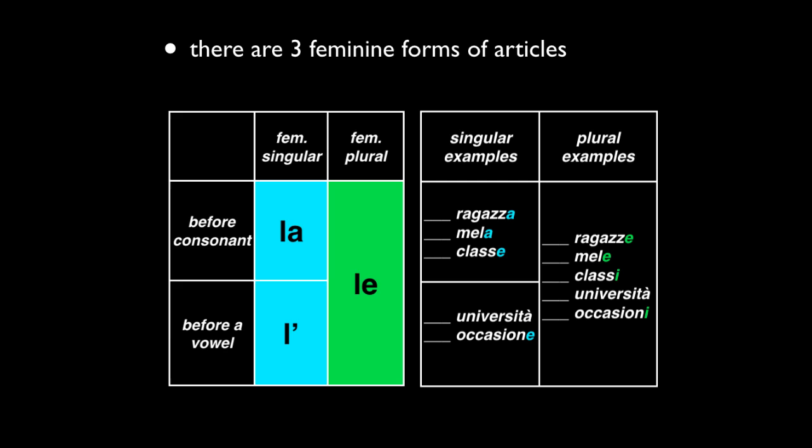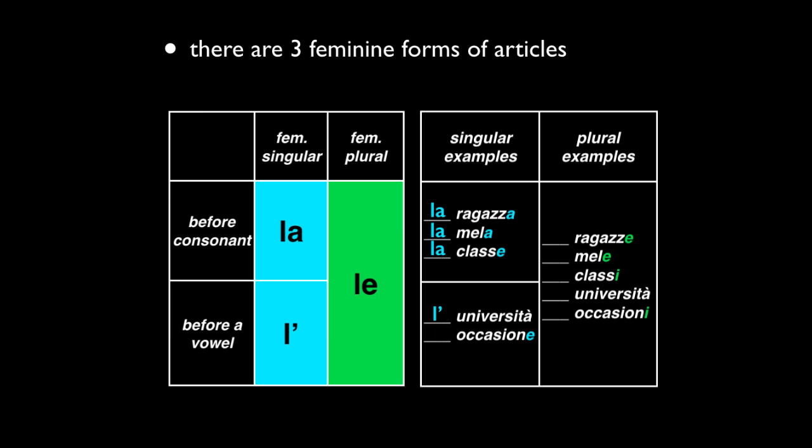Moving on to the feminine forms, we see slightly more straightforward use of articles. We have only 3 forms for these, and these are as follows. If you have a consonant in a singular noun, you use la. So la ragazza, la mela, or la classe.